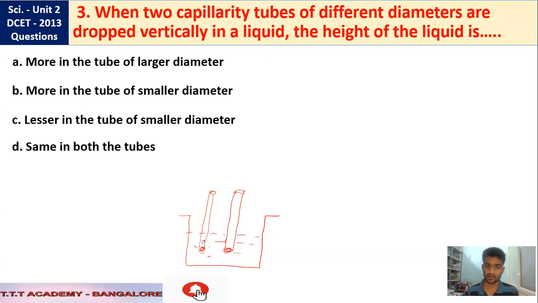Less means below the surface, and more means above the surface. The fourth option is same in both the tubes. So what is the right option? This capillarity is majorly due to the adhesive as well as surface tension properties of the liquid. It will depend on that.